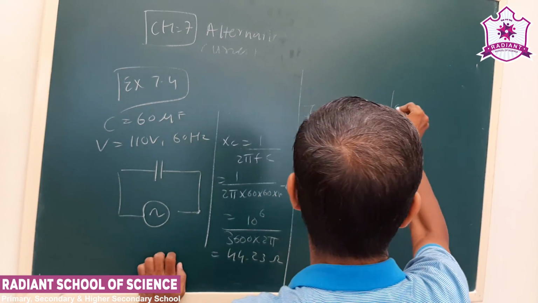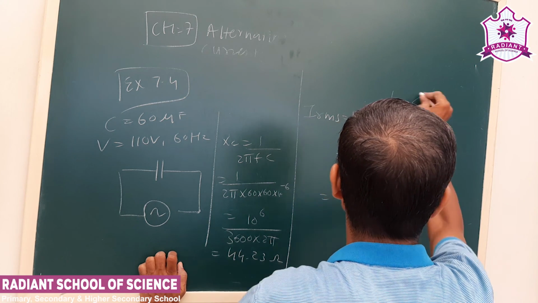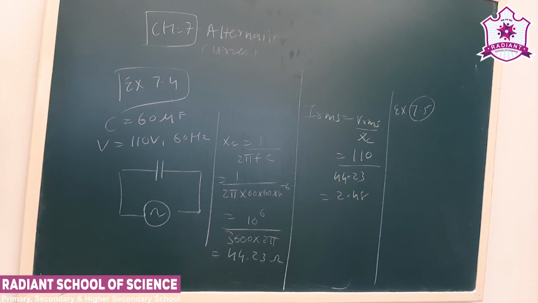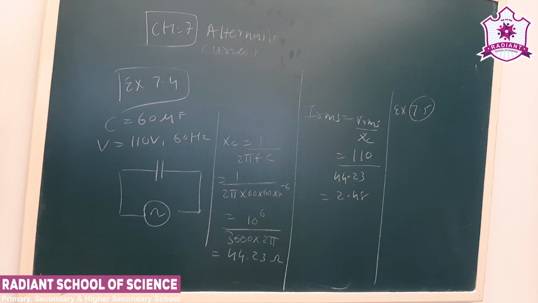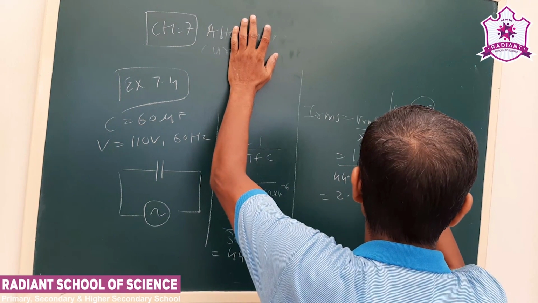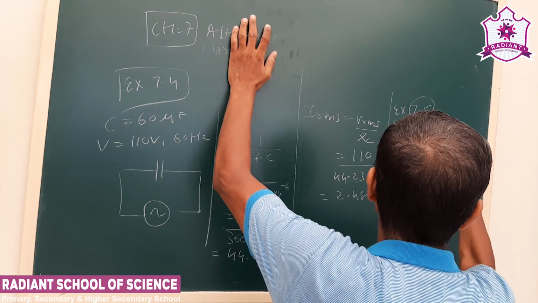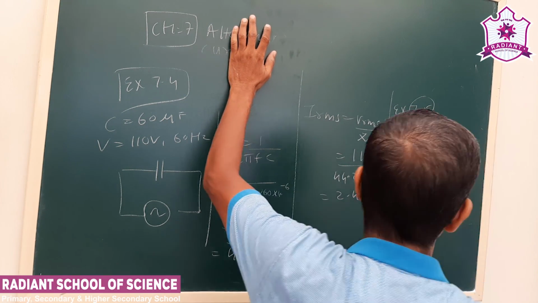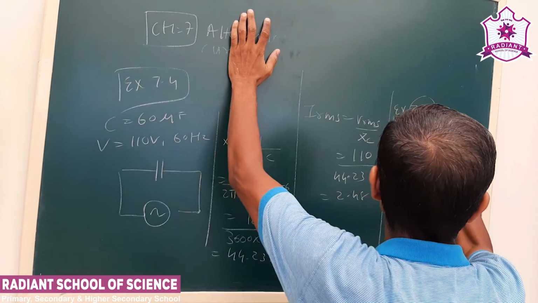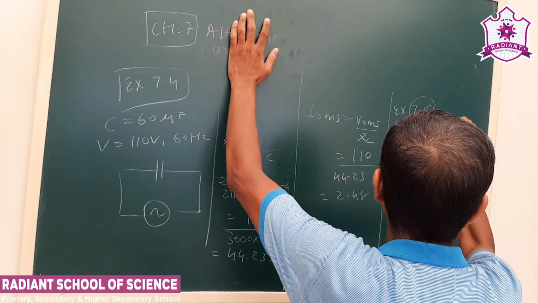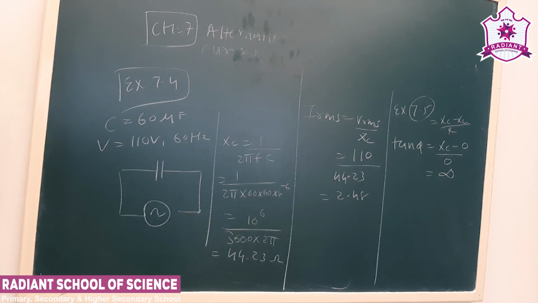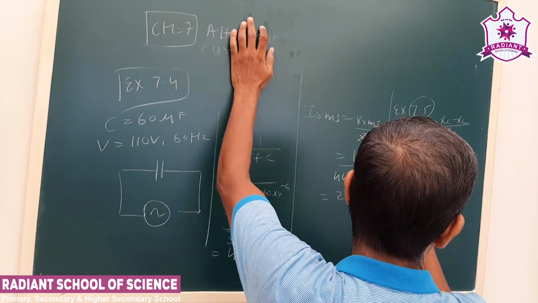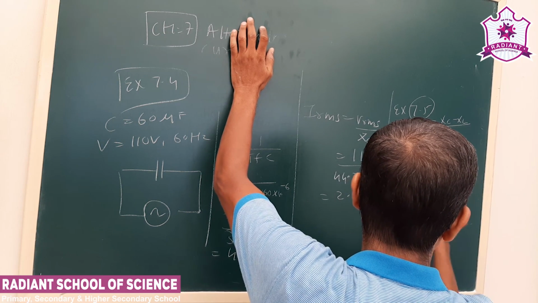Now, as I told, the 7.5 sum is related to exercise numbers 7.3 and 7.4. See here is our circuit with only a capacitor. Our relation is tan phi is XC minus XL by R. So here also the phase difference: tan phi is infinite, so phi is pi by 2.